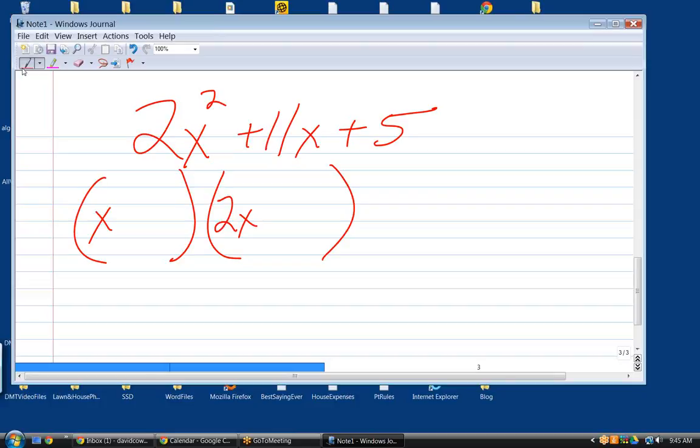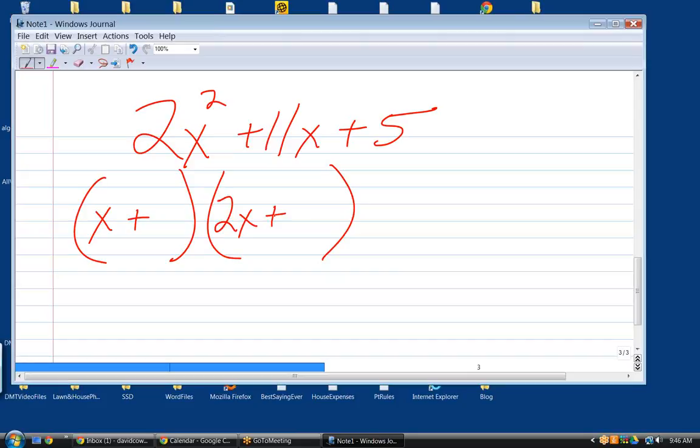Second step is similar. Figure out both signs. Same second step as before. What are they? Plus and plus.